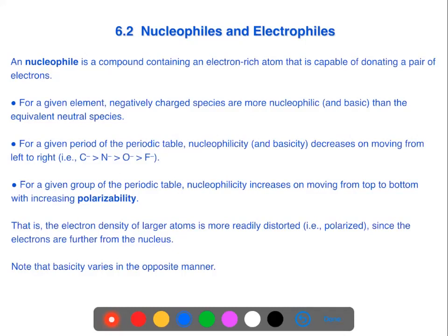For one instance, for any given element, carbon, oxygen, nitrogen, primarily, negatively charged species are more nucleophilic than the equivalent neutral species.